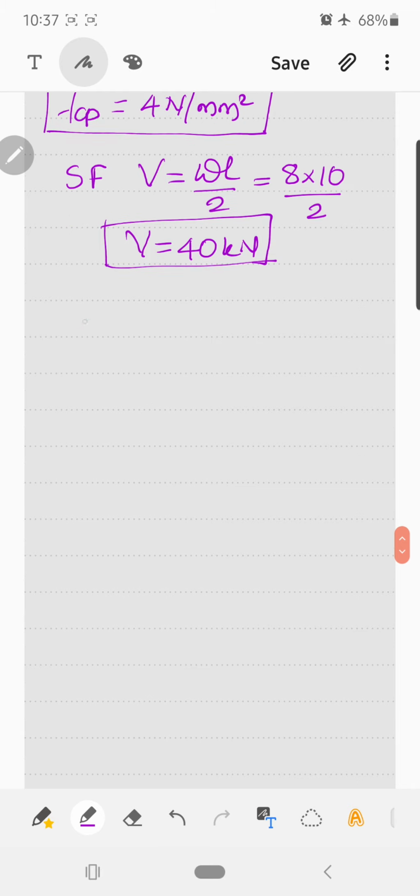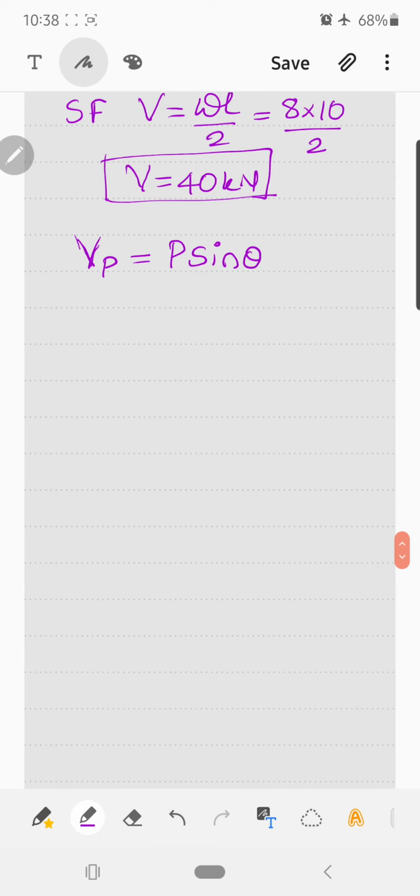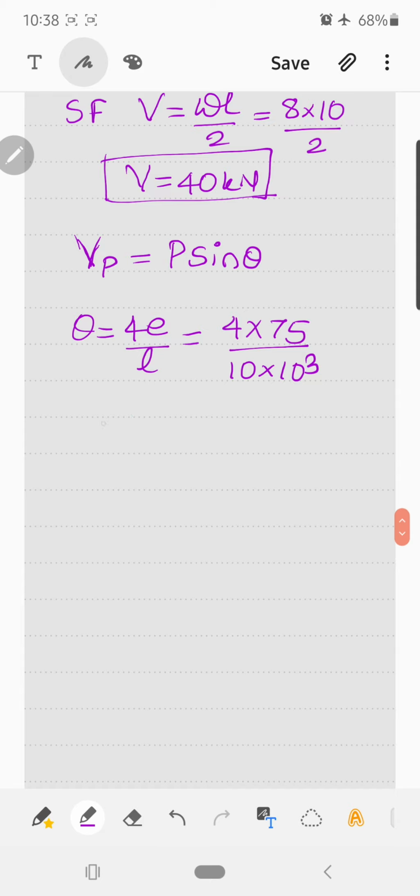Now as this is a parabolic cable, you have to calculate the additional VP value, which is P sin theta. This is the additional shear resisted by the cable, because it is a parabolic cable. So theta is 4e by L, 4 into eccentricity 75 mm divided by L, 10 into 10 to the power of 3. So theta is 0.03 radians.